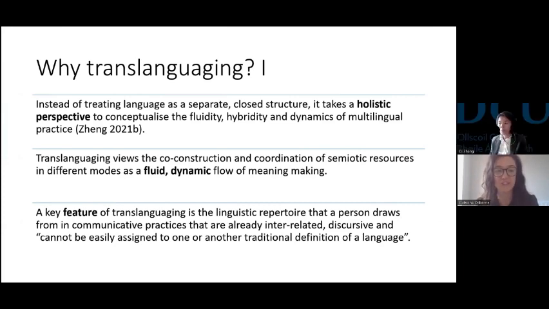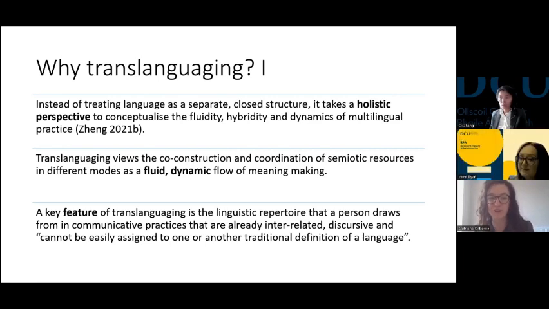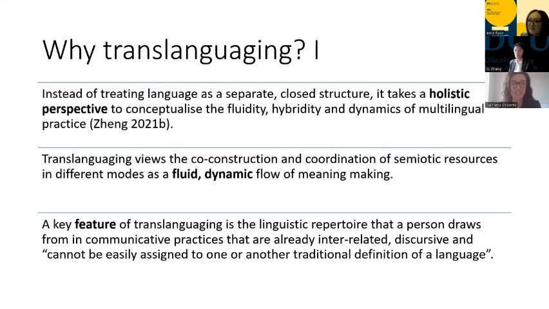And a key feature of translanguaging is the linguistic repertoire that a person draws from in communicative practices that are already interrelative, discursive, and cannot easily be assigned to one or another traditional definition of a language. So we can see this, as Dr. Wong mentioned many of these points earlier, but translanguaging focuses on the process, the ing, the process of meaning making.